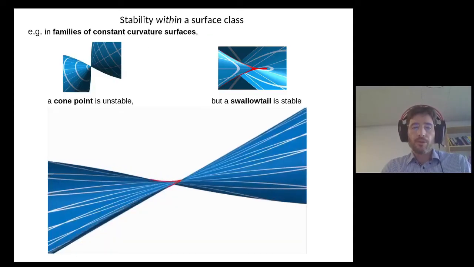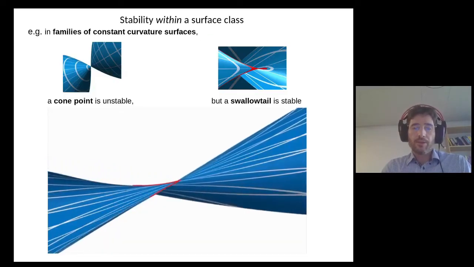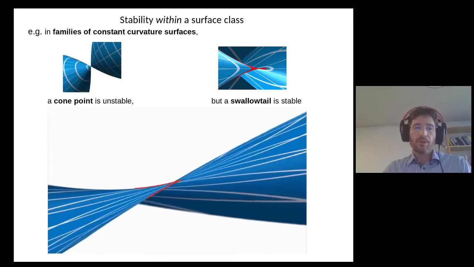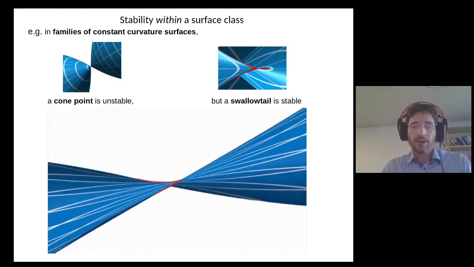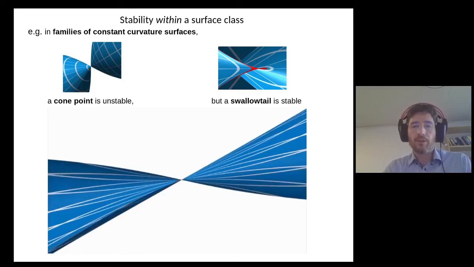But if you restrict to a specific class of surfaces, so for example constant curvature surfaces, you can get other types of singularities that are still stable. So a swallowtail will be stable in that class of surface, and a cone point will not be stable.